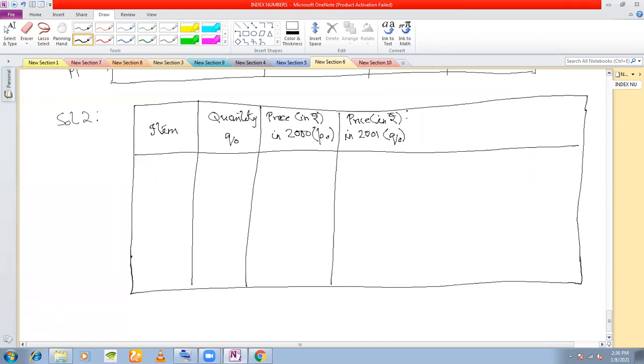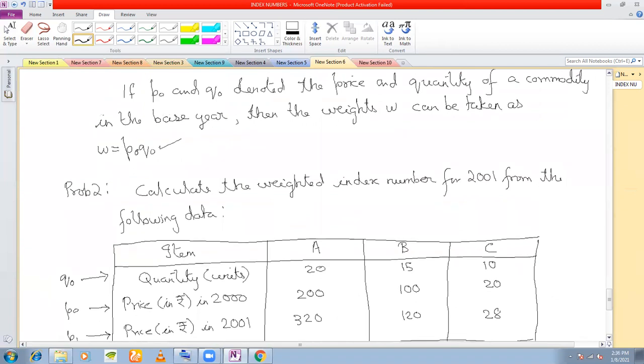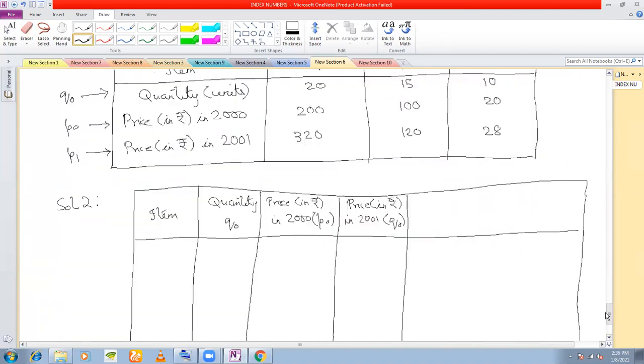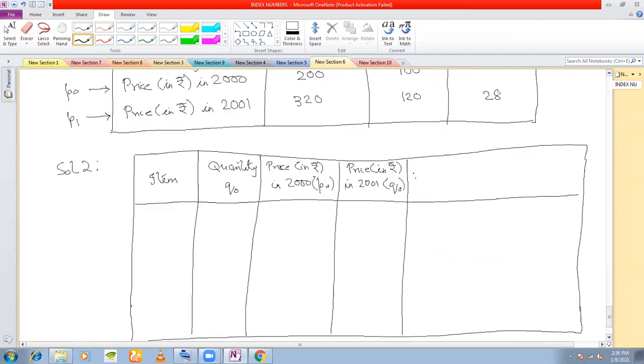And because the quantities are given, we shall calculate the weights. As I told you, weights will be P0 Q0. So W is equal to P0 Q0. Okay, so this is your column for weights.